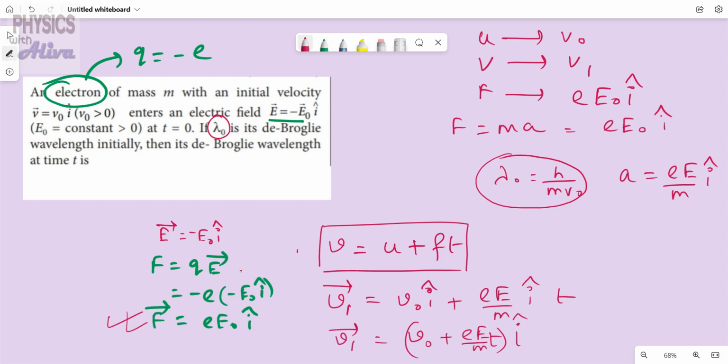So we can write the new de Broglie wavelength, lambda dash, as h by p dash. P dash means the new momentum, which will be m v1, so we multiply m here: h divided by m times v0 plus e E naught t by m, right?